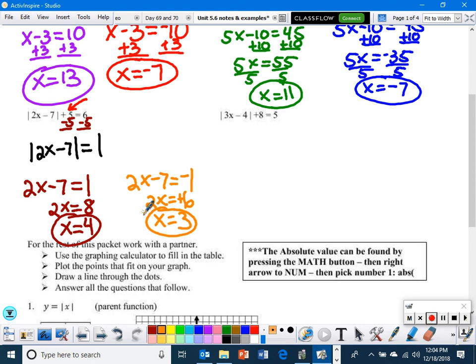Okay, the next one, I'm going to start it off the same way. I notice I've got a plus 8, so I am going to go ahead and get rid of that plus 8 first. All right, now we've got an issue. I hope you spotted it. The absolute value is equaling a negative.